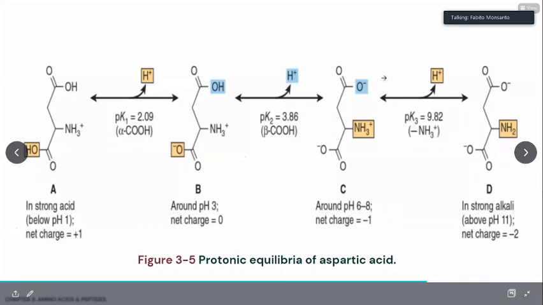Your carboxyl group still has a negative charge. So two negative charges and zero charge in the amino group gives a net of negative 2.